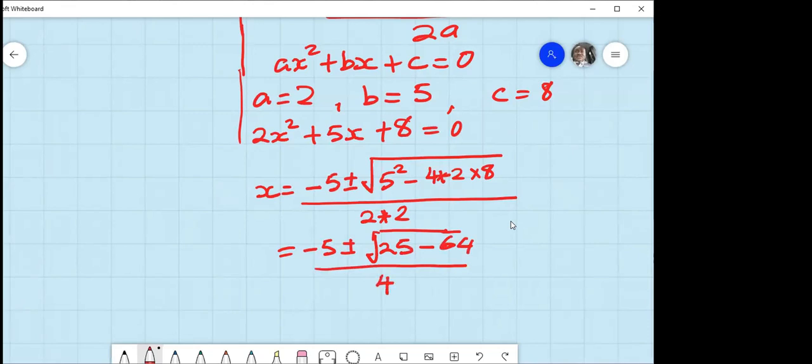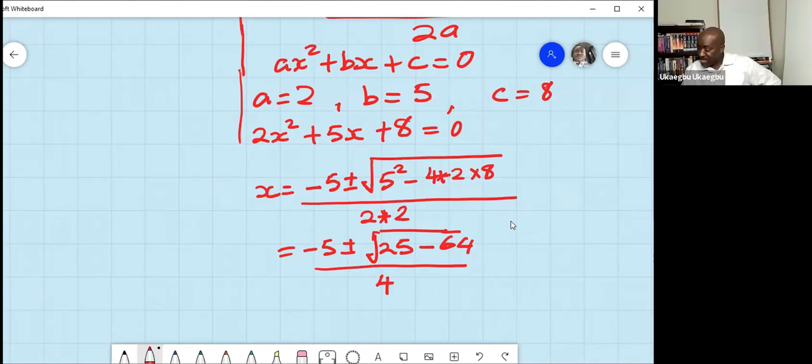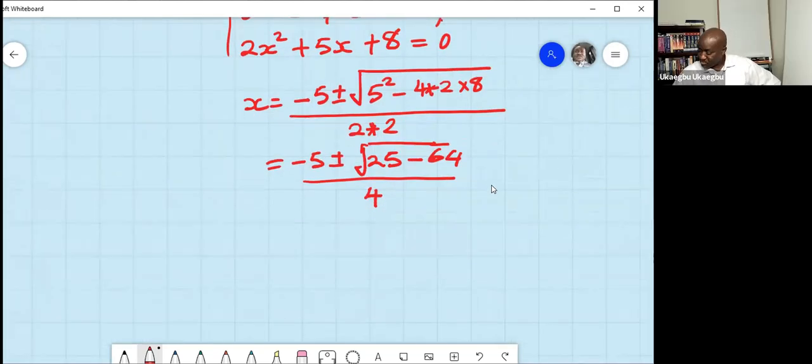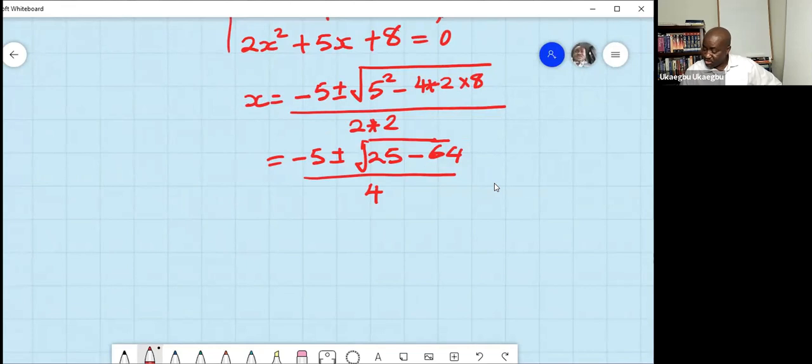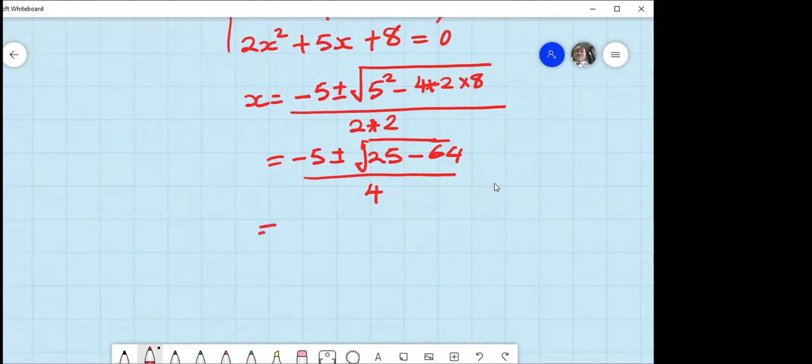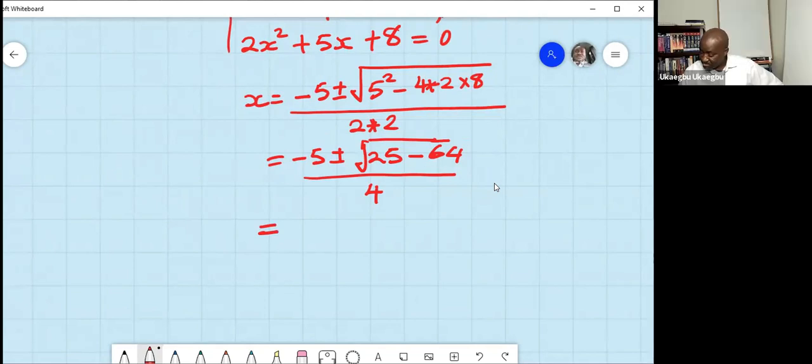Now, 25 minus 64 is negative 39. So we have negative 5 plus or minus the square root of negative 39, divided by 4.